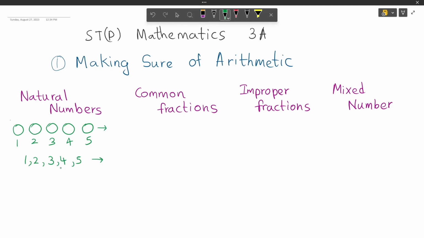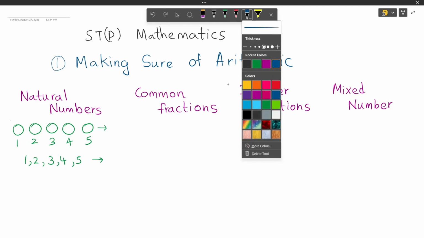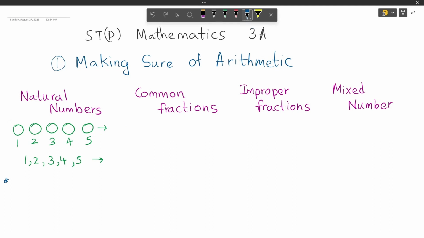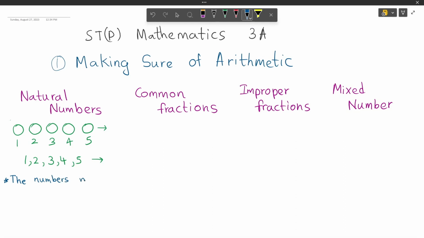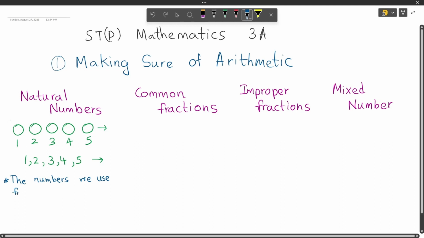So the numbers we use for counting are the natural numbers. We can write: the numbers we use for counting.